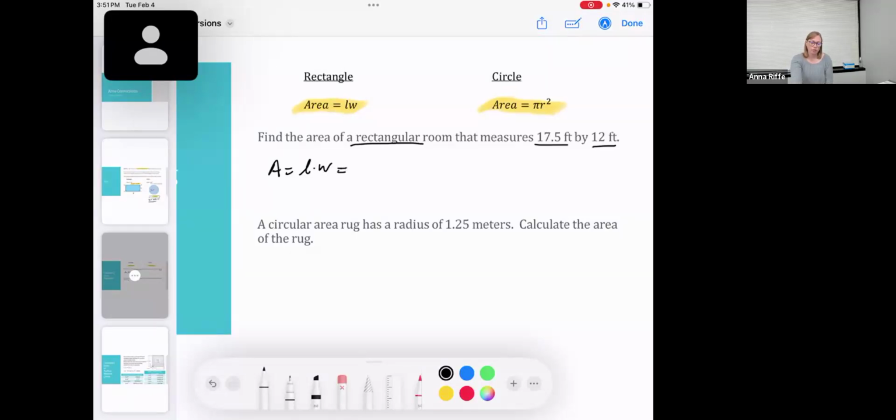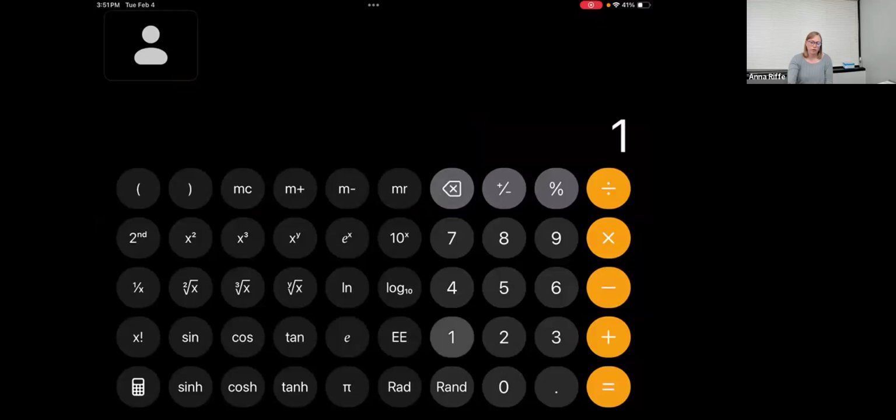So let's just choose the first one, 17.5 feet for length, and then we multiply by the second dimension of 12 feet, choosing that for width. Bring in our calculator: 17.5 times 12 is equal to 210.